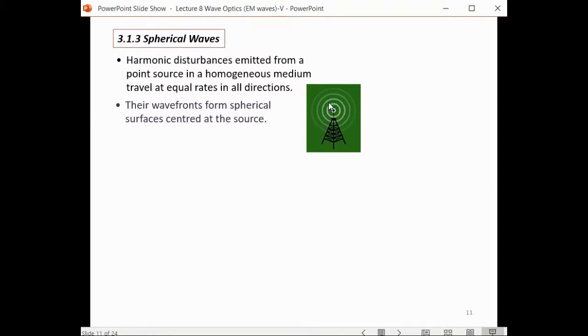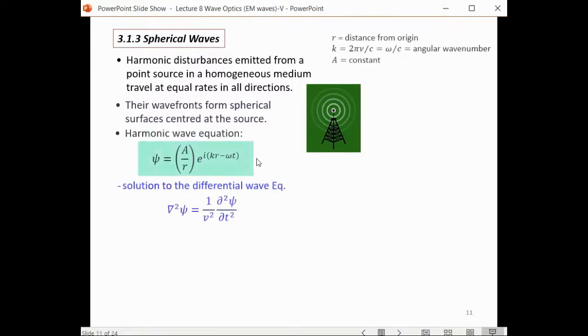Their wavefronts form spherical surfaces centered at the point source, and the harmonic spherical wave is expressed as psi equals A over r multiplied by exponential i into kr minus omega t, whereby r is the distance from the source, k is the angular wave number, and A is a constant.